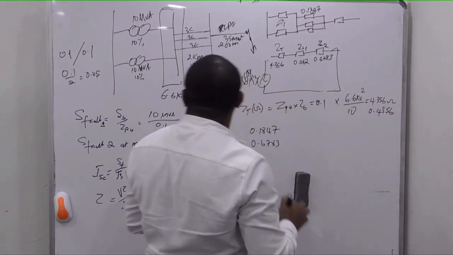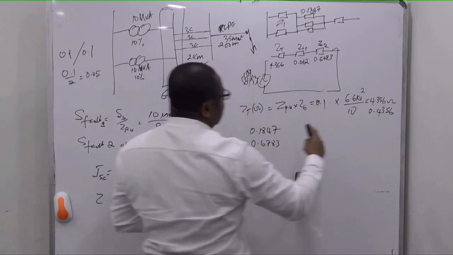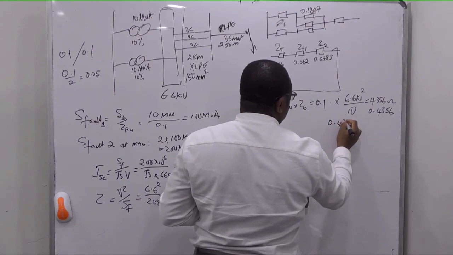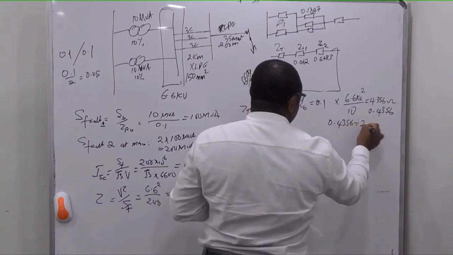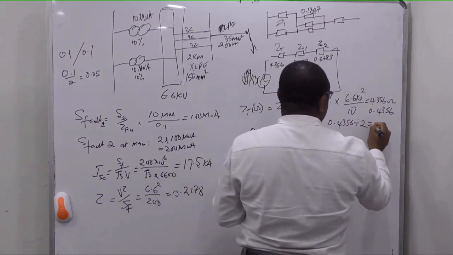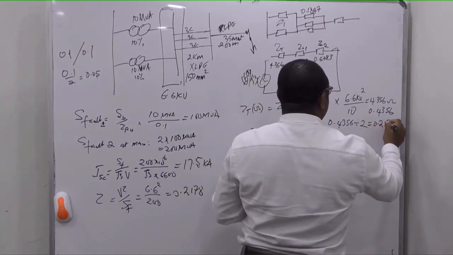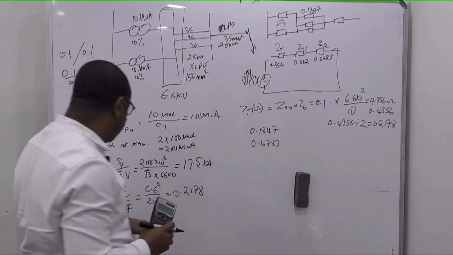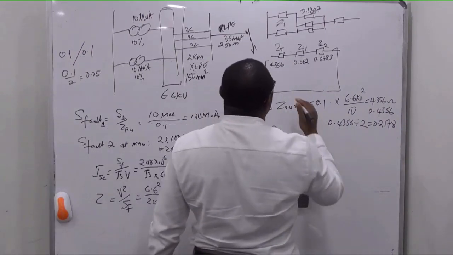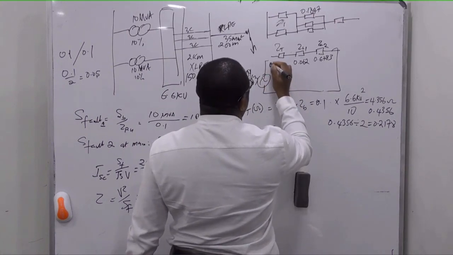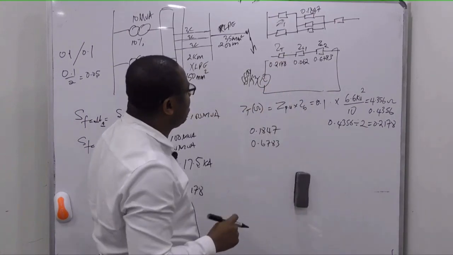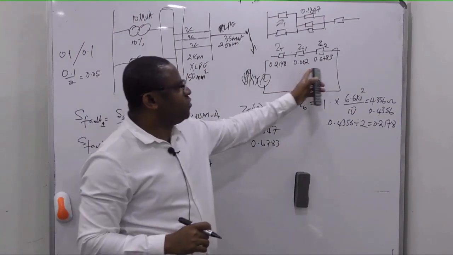Okay, that is for one transformer, and then they are in parallel, so you divide by 2. 0.4356 divided by 2, you get 0.2178, which is the same as what you have here. So here will be 0.2178. Now all these are in ohms.